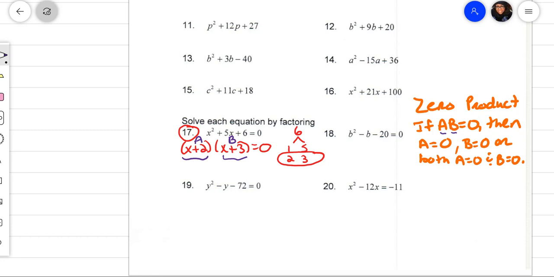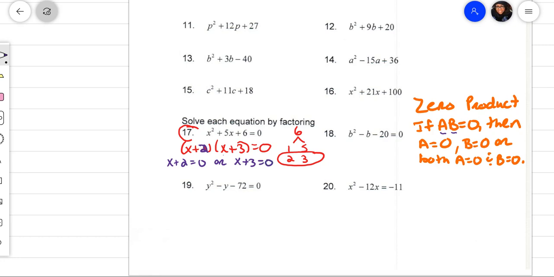When we multiply two things and get 0, then one of them has to be 0 or both of them have to be 0. So that's the property we're going to apply here. We're going to say that x plus 2 equals 0 or x plus 3 equals 0.